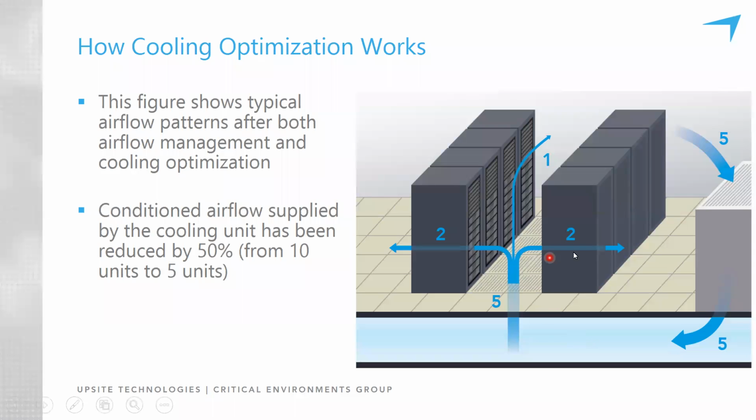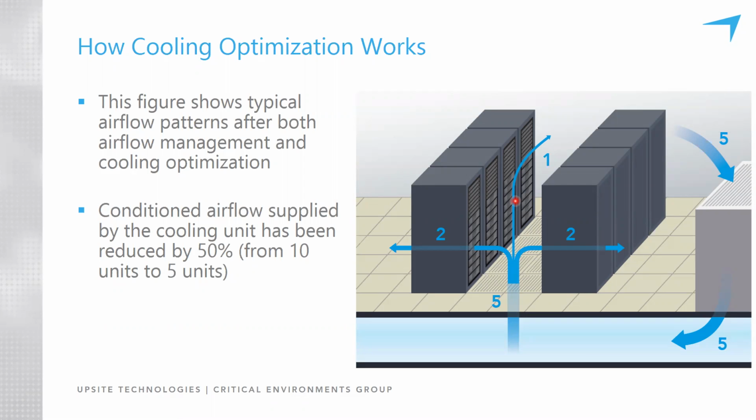We can now turn off half the cooling units or reduce the fan speeds of the cooling units by half so that we're only delivering 5 units of conditioned air for IT equipment that requires 4. We have 1 extra unit of conditioned air in that cold aisle. That's there to provide a little positive pressure and to have additional capacity for variations in the IT equipment demand.